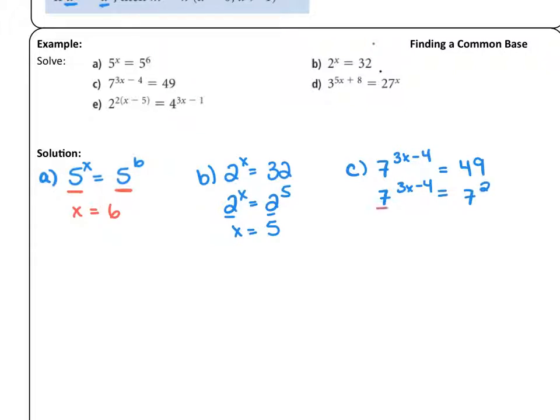Now that we have the same base, what I usually do is I drop the base and I just get rid of it, and I'm left with 3x minus 4, because that exponent must equal 2. And then all we have to do is solve for x. So I'm going to move that 4 over. It's minus on this side, so it becomes plus on the other. So 2 plus 4 is 6. And then I'll divide both sides by 3. And I get x equals 2.